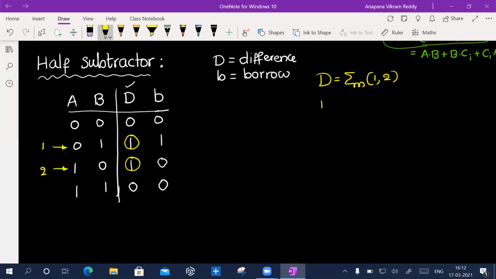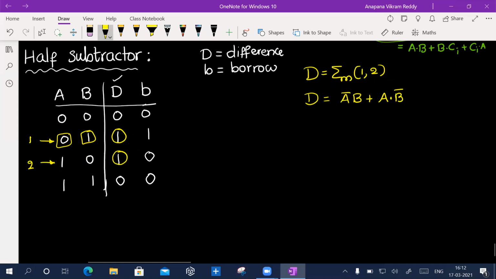So D is equal to A complement and B, or A and B complement. Directly we can write from the table. Just like the sum output, the difference also is A XOR B, the exclusive OR operation. So this is the beauty.